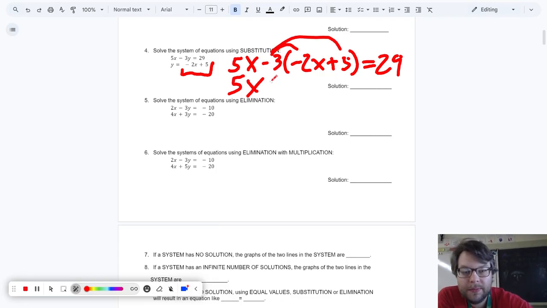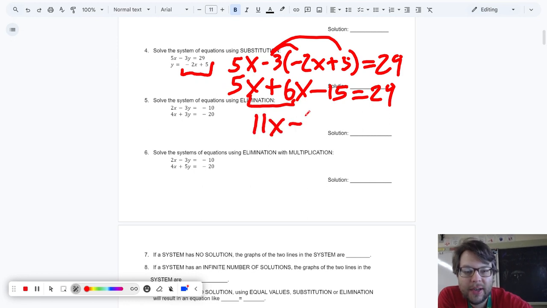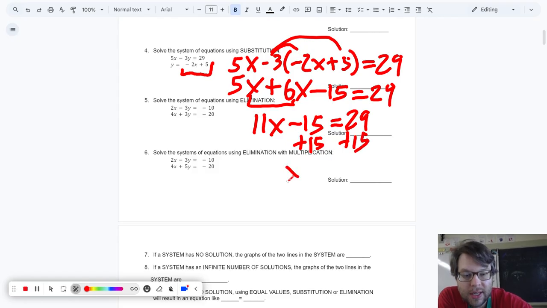Distribute the negative 3. So two negatives make a positive when you multiply them. 3 times 5 is 15. Now I can combine my like terms. I have 11x minus 15 is 29. Add 15, and I get 11x is equal to 44.